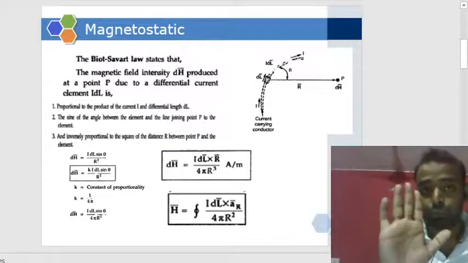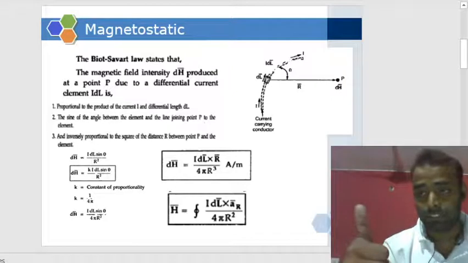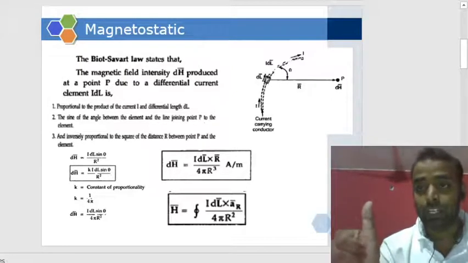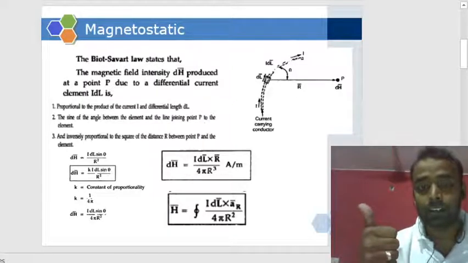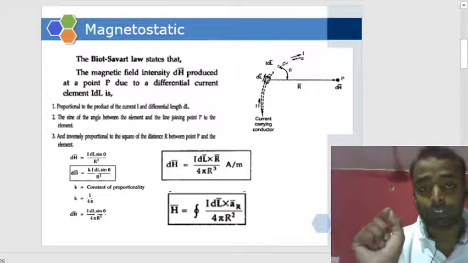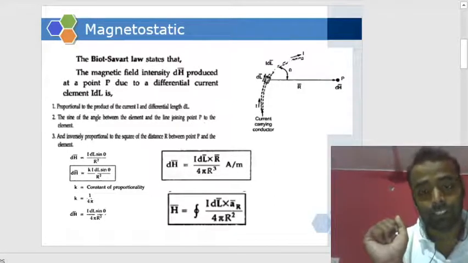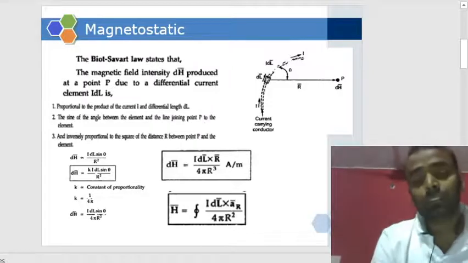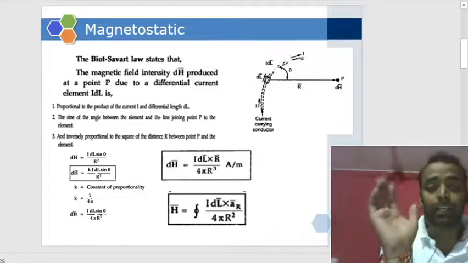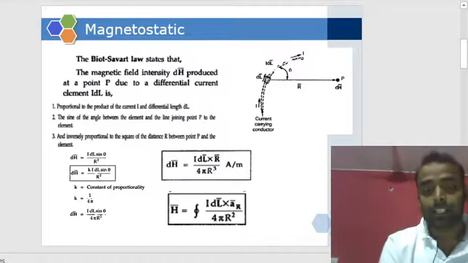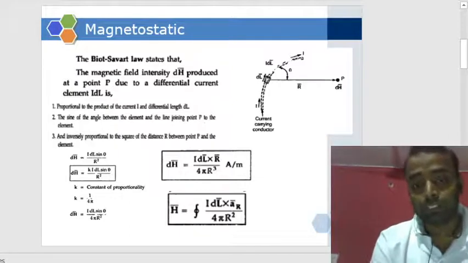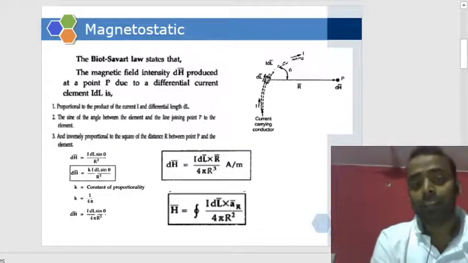We'll use our right hand, our thumb will indicate the direction of the current, and the rotation of the fingers will indicate the direction of the field, isn't it? So direction can be determined by the right hand thumb rule, but it's qualitative.